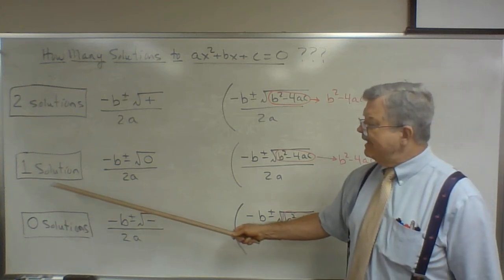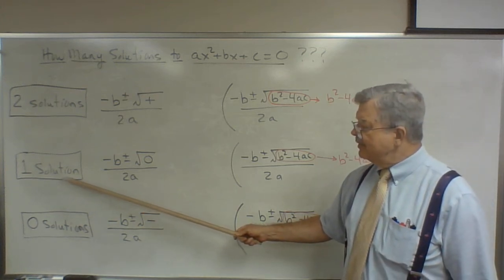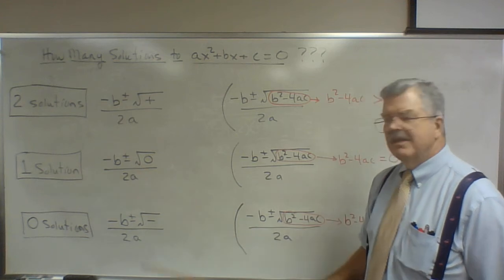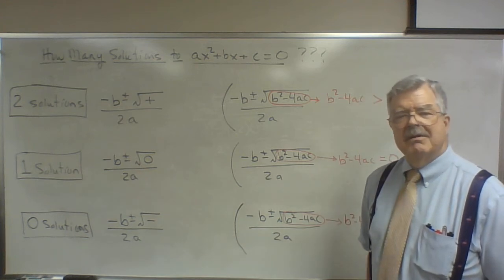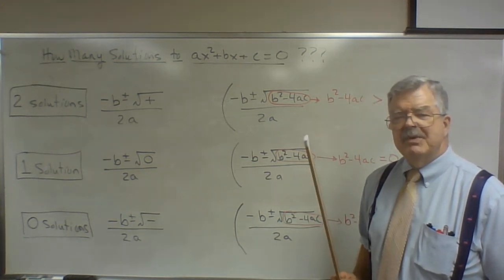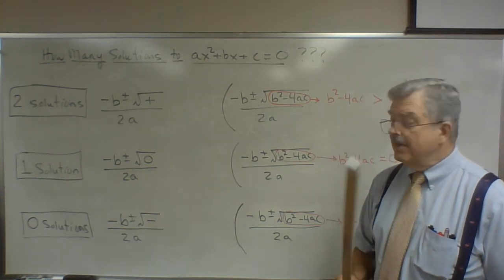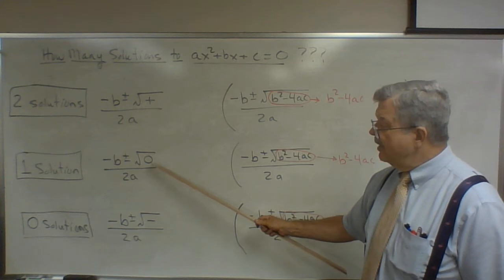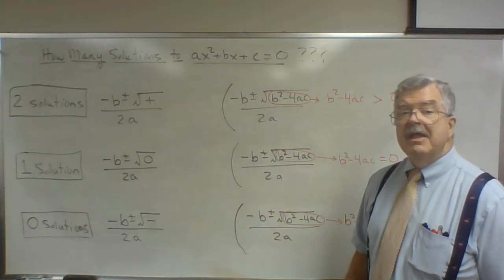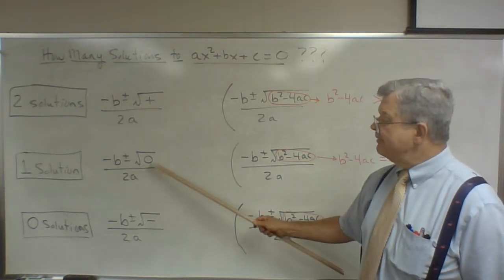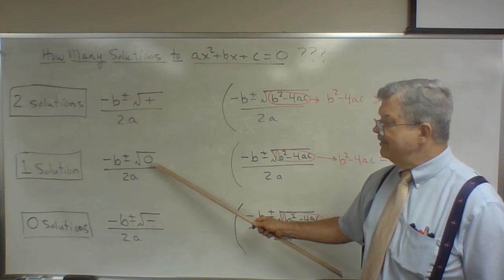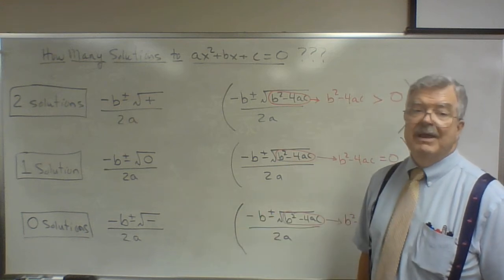When do we get exactly one solution to a quadratic equation? Think about it. In the example that we had where we got one solution, we had a 0 under the radical. If, when we simplify under the radical completely, we get a 0, we're going to get one solution.